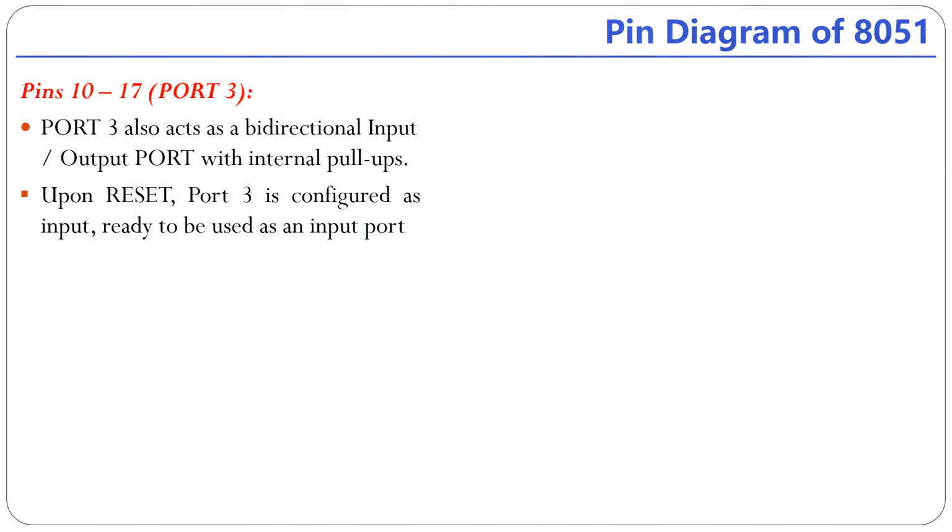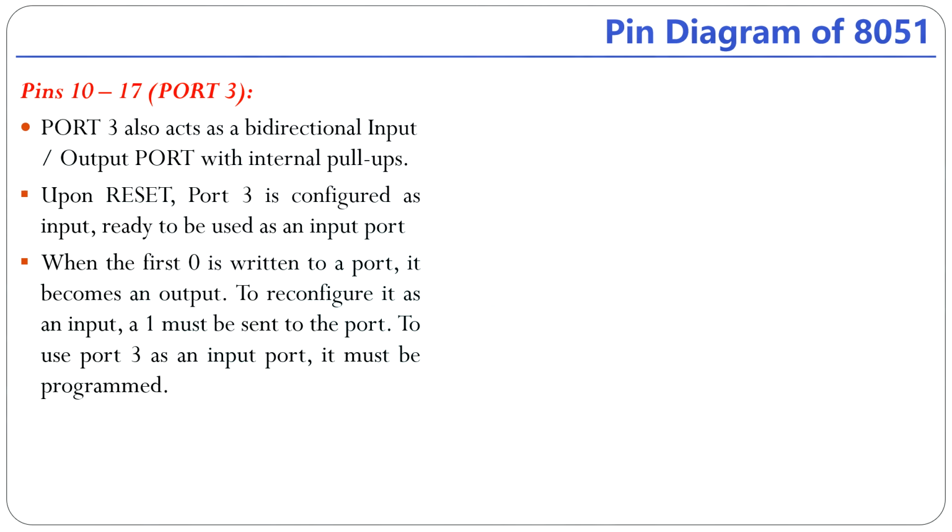But if you want to use any port line of port 3 as output, you compulsorily need to write a logic 0 onto the port. Suppose after some time you want to reconfigure it as an input, then again you need to write logic 1.